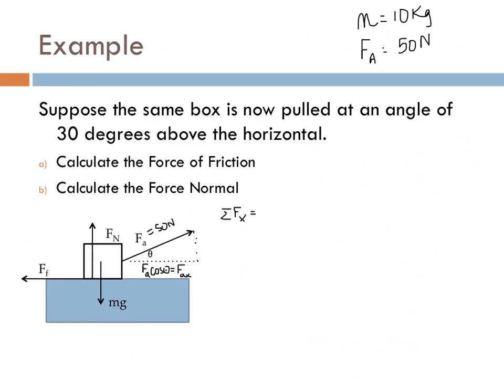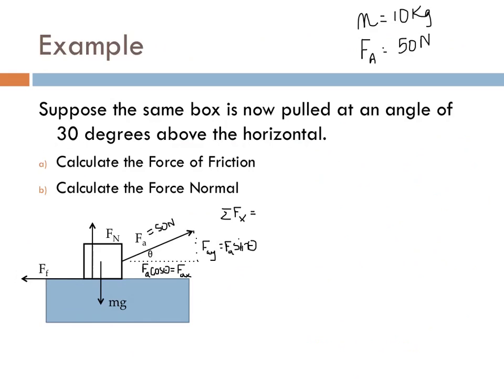Now I want to do the same thing for my force in the y direction. So that's my force applied in the y direction is equal to my force applied times the sine of theta.